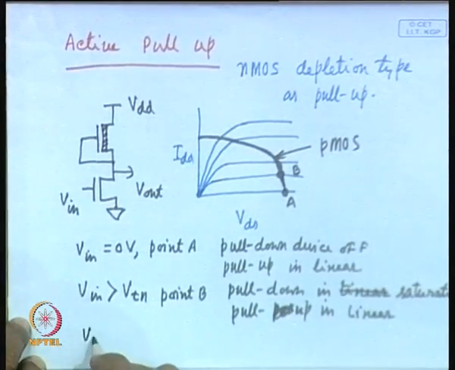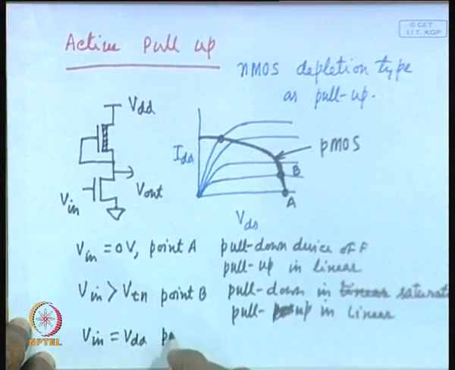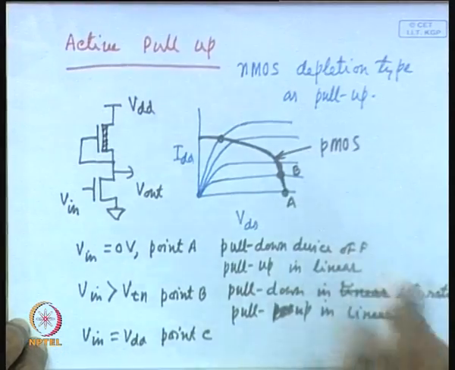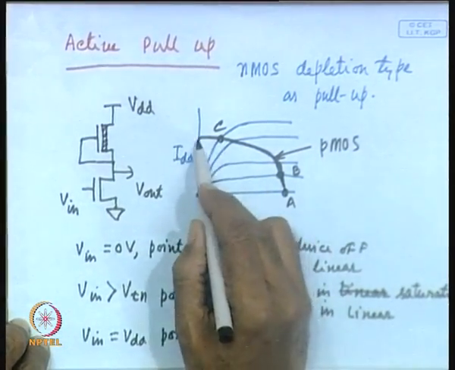Then when Vin is equal to VDD, let us go directly to this point, that is your point C. So, here what is the condition?